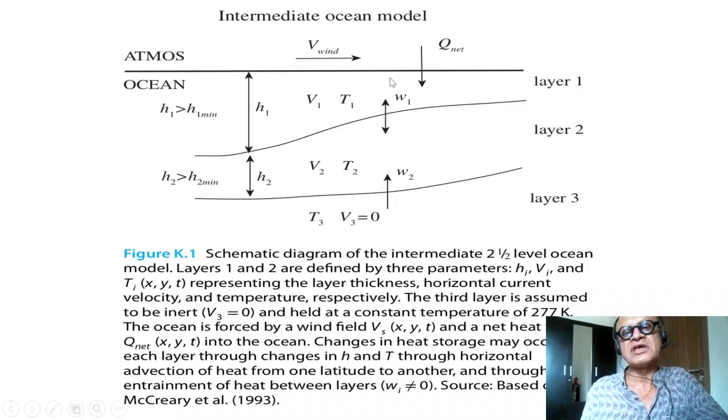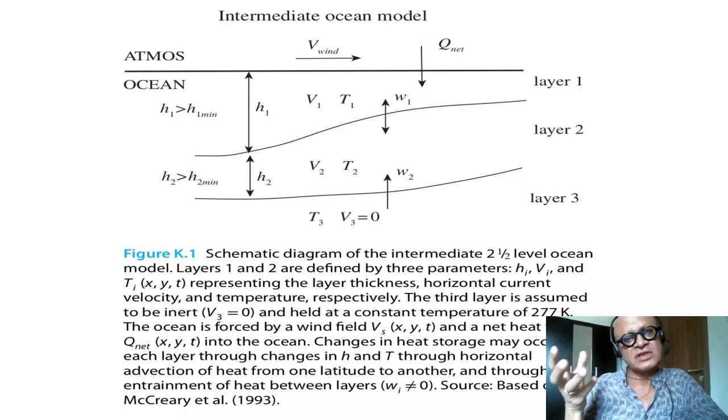The thing to remember is that this model is forced with winds, so if there is a biennial signal in the model, heat transport and so on, it's essentially coming from the fluxes at the surface, like winds and freshwater fluxes and heat fluxes. Okay, so this is not a coupled ocean atmosphere model.